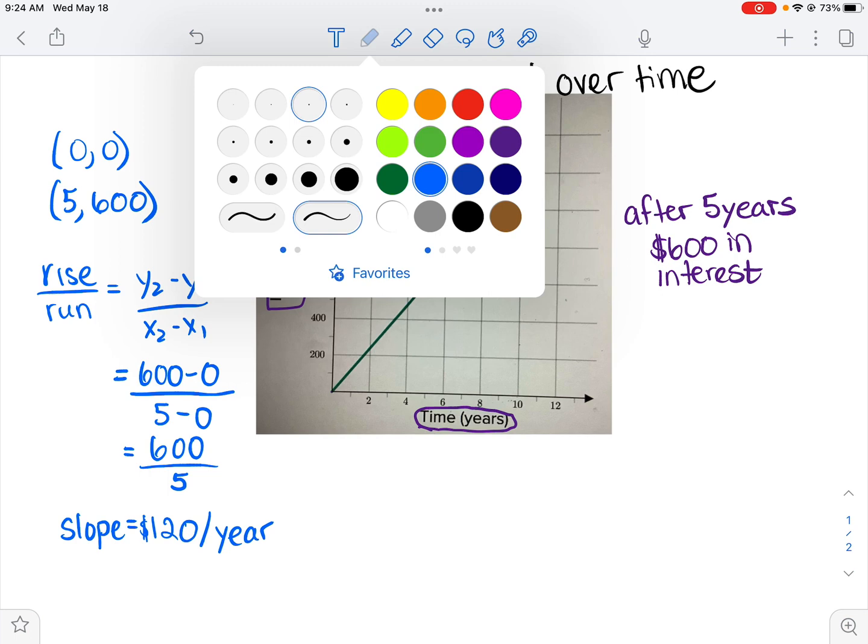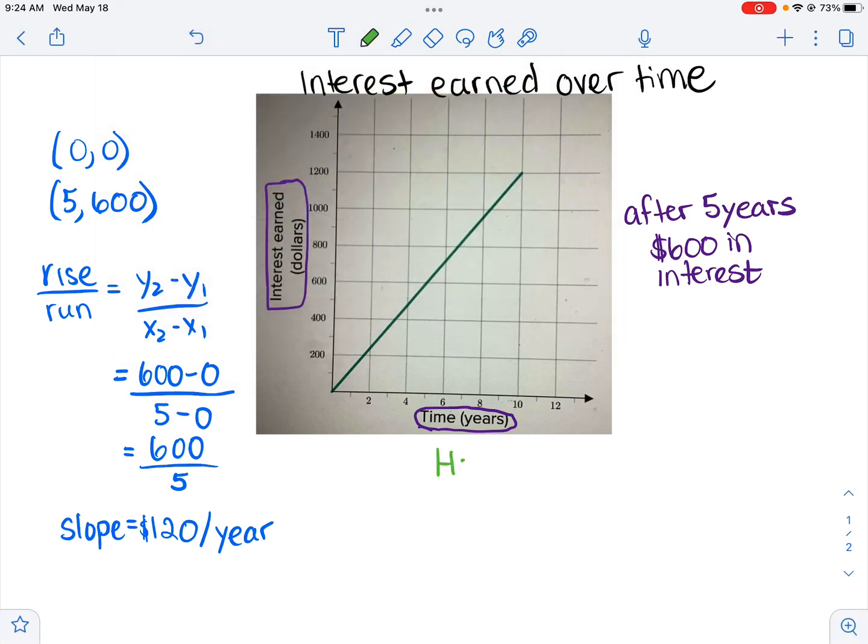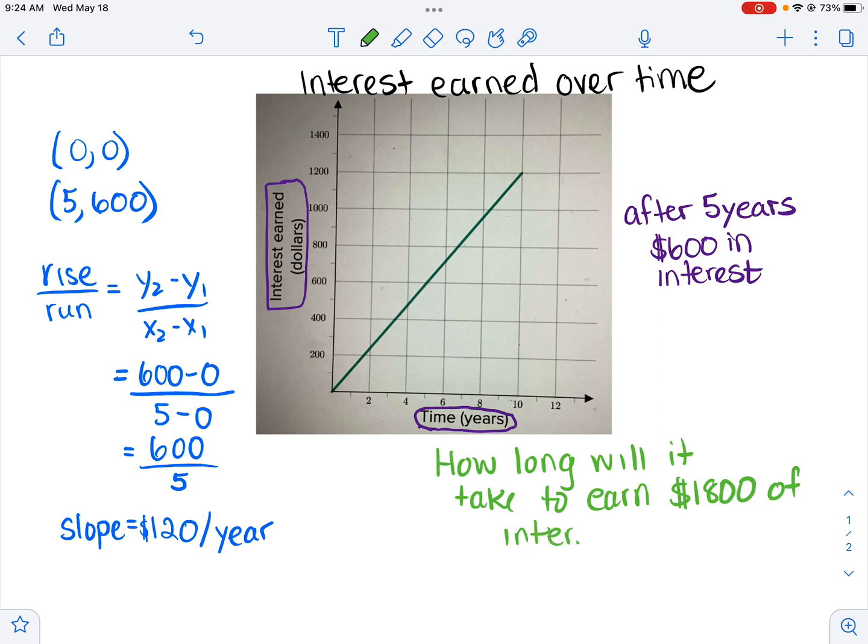So let's say next question, we want to know how long will it take to earn $1,800 in interest. So we could look at our graph, but it only goes to 1,400. So you could extend your graph and try to figure it out. Or we actually know that the slope is 120 every year.